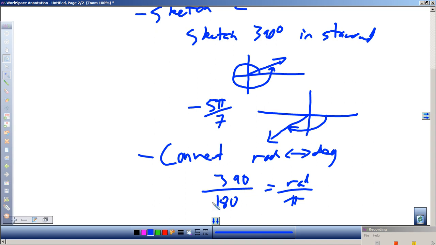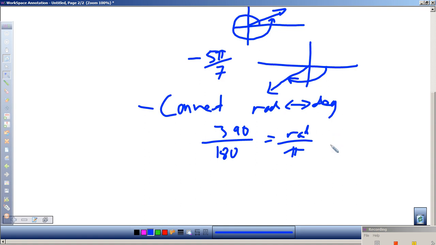And just remember the ratio of your angle to half the circle is the same in both. And simplify it. How do you simplify that? Or solve for radians? So you can cancel zeros, so 3 goes to 39, so 13 over 6, 13 pi over 6.